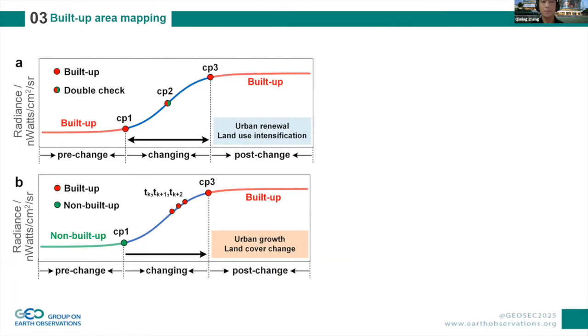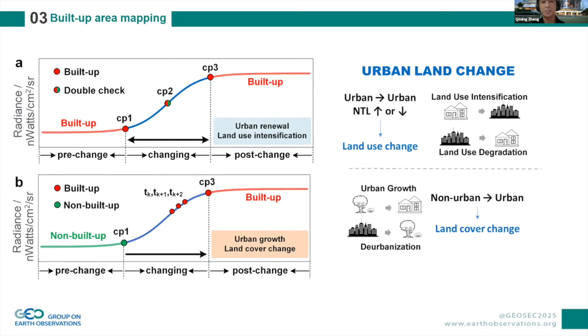So then we integrate the information from, first, whether the nighttime light brightness of a pixel is increased or not from time series modeling, and second, whether the land cover of this pixel is changed from monthly urban mapping. We integrate these two pieces of information to categorize a pixel into one of these four types.